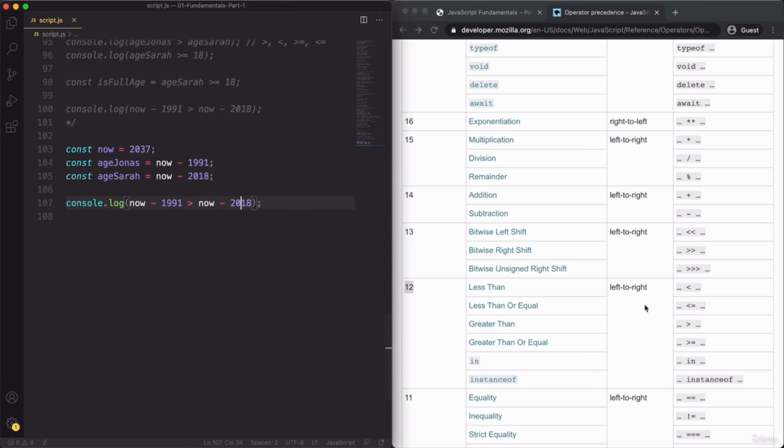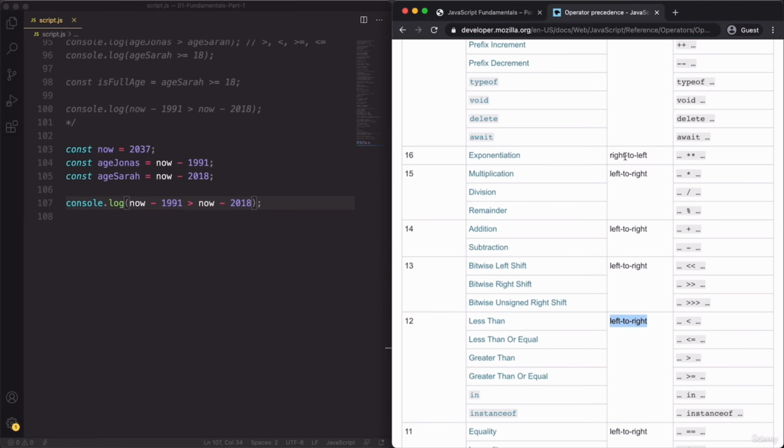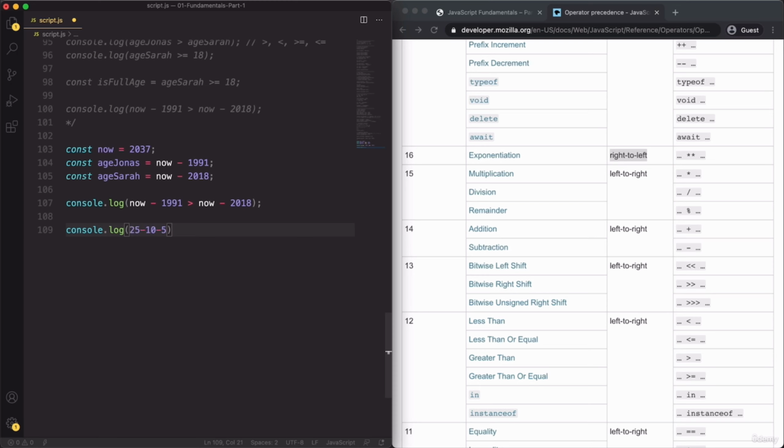Now in this table, we can also see which operators are executed from left to right and which from right to left. For example, the exponentiation operator is executed from right to left, while most operators, especially the mathematical ones, are executed left to right. For example, let's say we wanted to calculate 25 minus 10 minus 5.